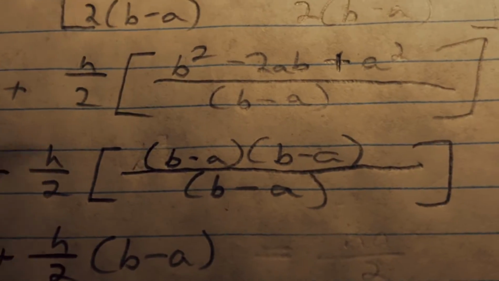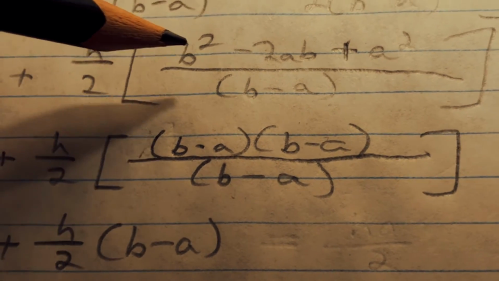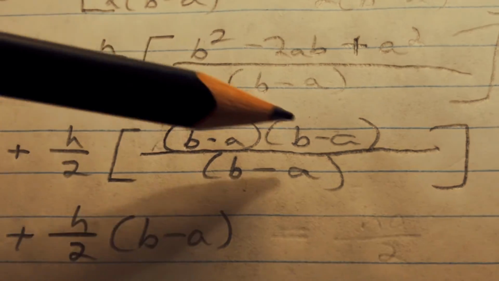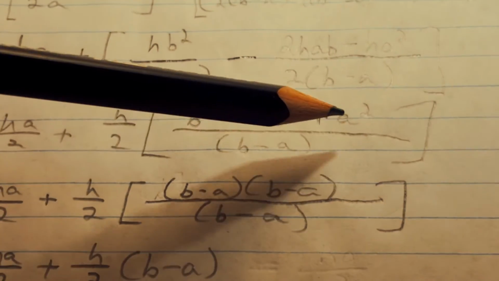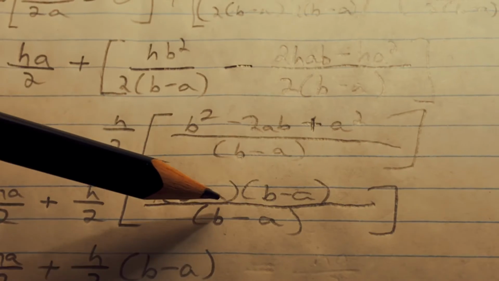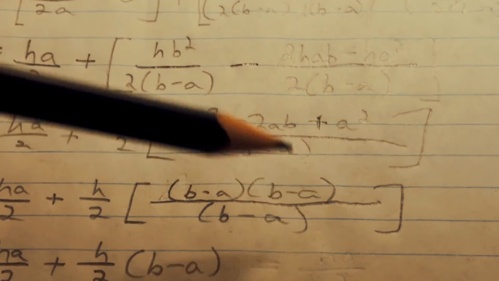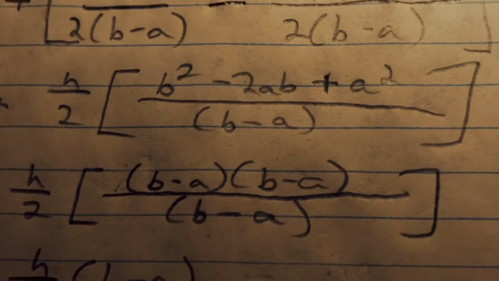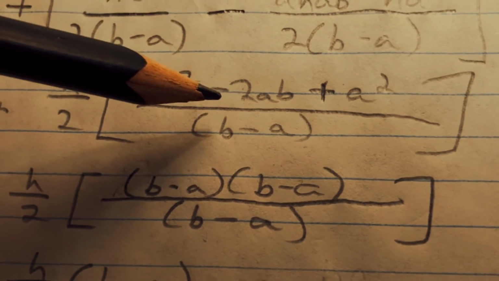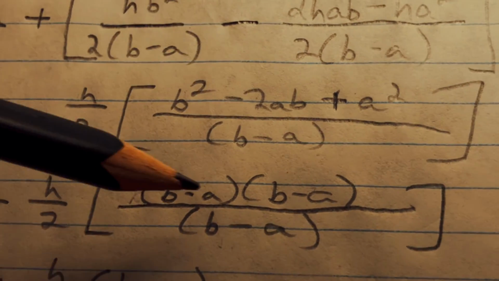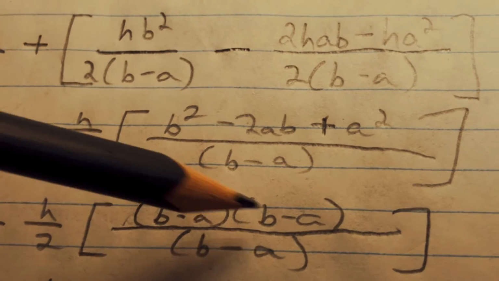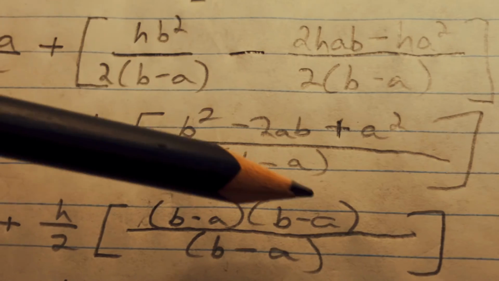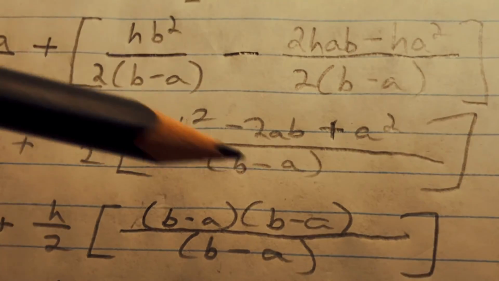Next, this expression is factored. B squared becomes B and B. A squared becomes minus A and minus A. And negative 2AB appears as negative A times B on the inner pair and B times negative A on the outer pair.